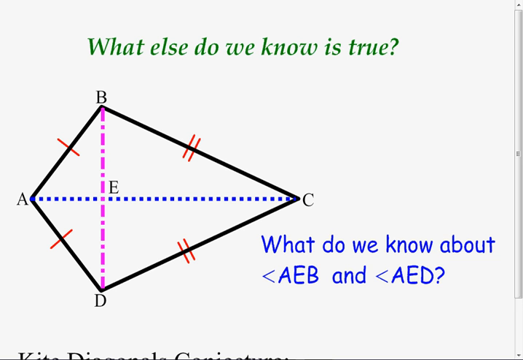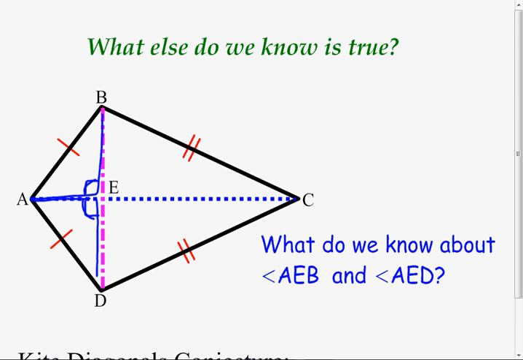Well, if we draw the diagonals from B to D and A to E, what appears to be true? What does look to be true about AEB and AED? Those angles look congruent. And if they're congruent and they form a linear pair, then that means they have to both be 90 degrees.